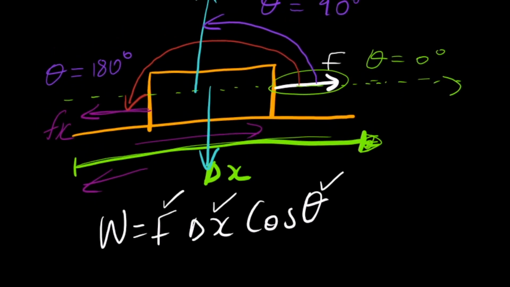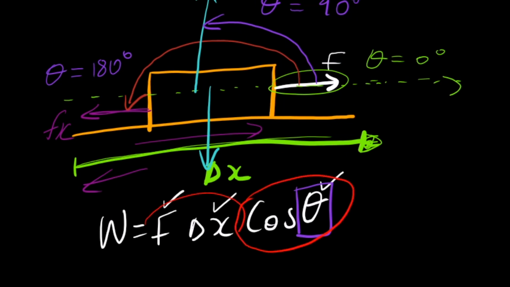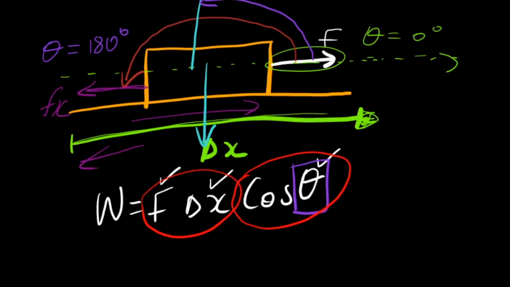Now what happens if we put 90 degrees here? We know that cos 90 is equal to 0. So this will be 0. 0 multiplied by this, everything becomes 0. Then it means work will be equal to 0 joules.